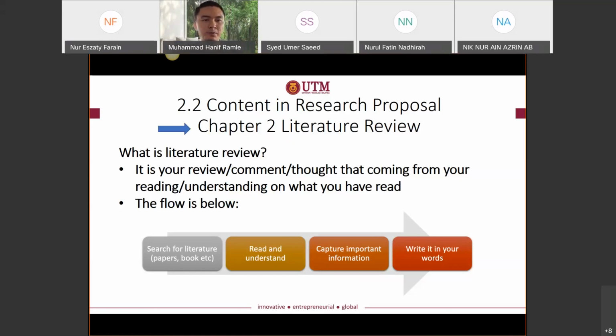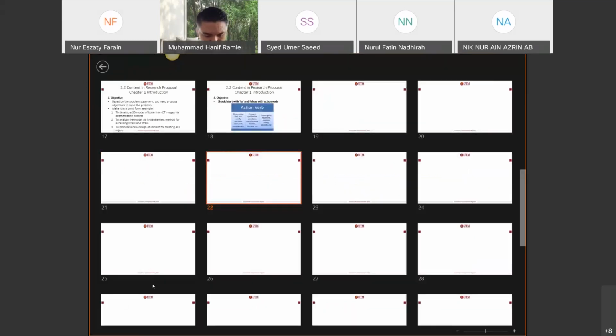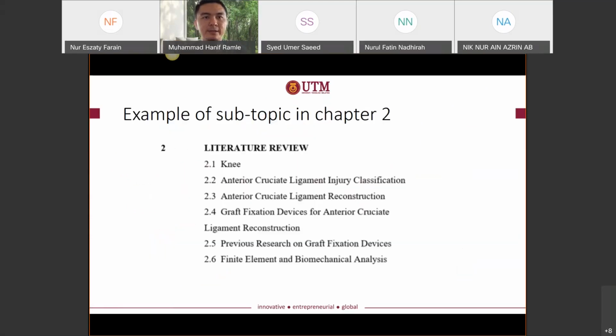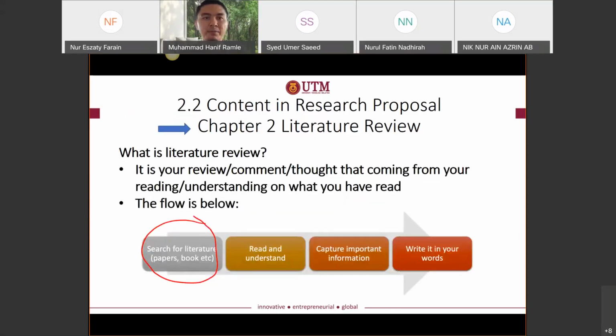So the flow is below. First, you search for literature from papers, books, etc. Maybe standards as well. For mechanical testing, for example, you have to refer to a standard to test the sample.